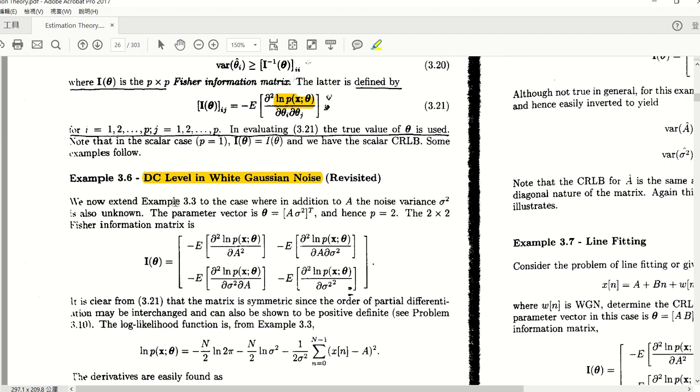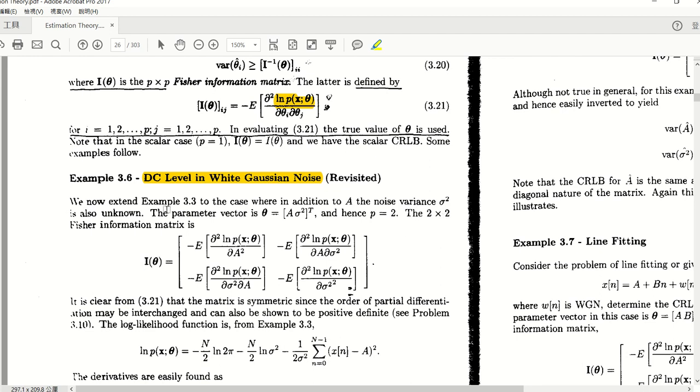So we now extend the example to a case where, in addition to A, the noise variance is also unknown. The parameter vector is then [A sigma squared]^T, and hence P is equal to 2.